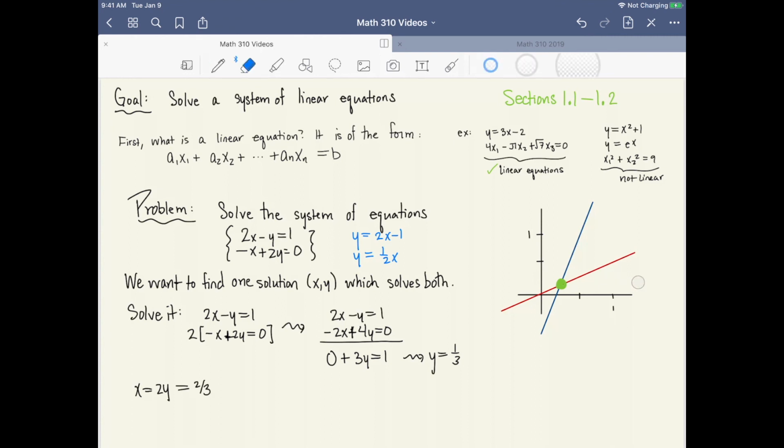This should not be 1/3, 2/3, but rather 2/3, 1/3. And this gives us our solution of x, y equal to 2/3, 1/3. Okay, so this demonstrates how you can find, without anything fancy, the unique solution where the lines intersect.